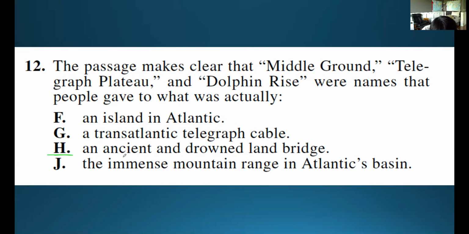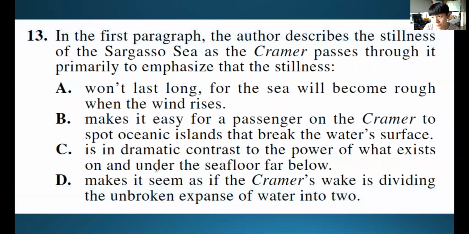An immense mountain range in the Atlantic Basin. So don't get tricked by letter H, because they said ancient people thought it was a drowned land bridge, but no, it is not. It is also not either of those, because that's ridiculous. But a lot of people will put H, but what's the correct answer? J, because that is what scientists have found that it actually is to this day. Be careful in those questions.